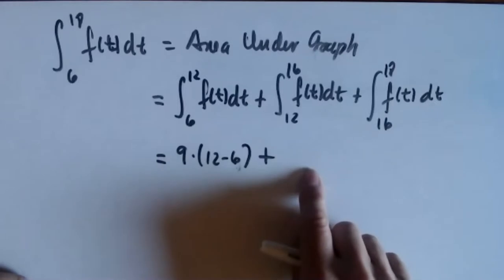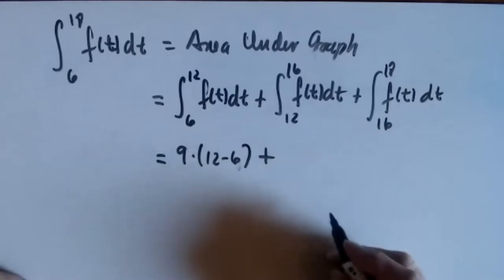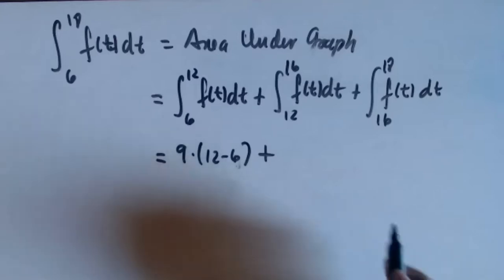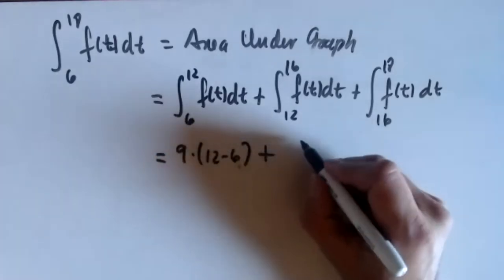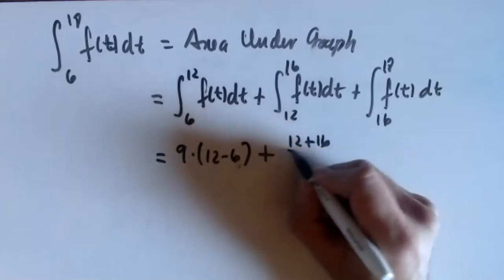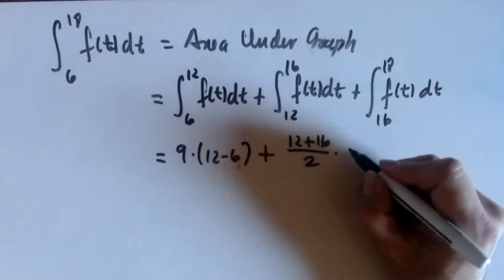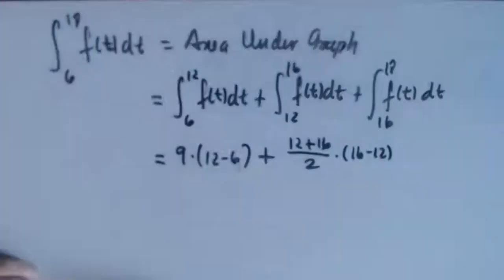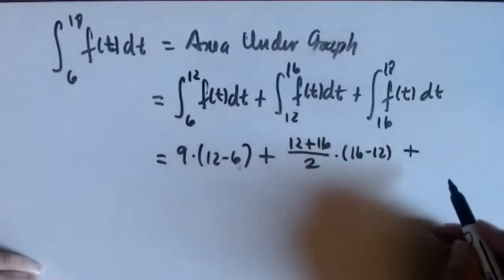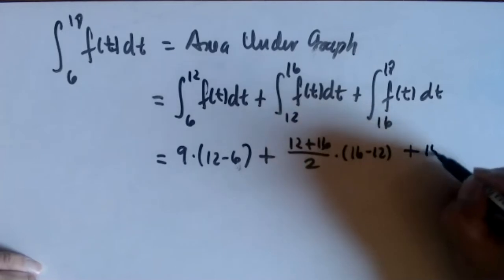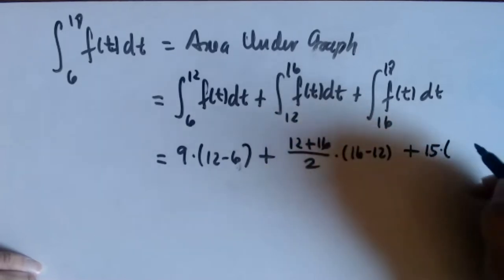Plus, now the next one is, okay, it's a trapezoid, so you have 16, so it's, let me see, bases 12 plus 16 divided by 2 times 16 minus 12, that's the base, plus another rectangle, so it's 15 times 18 minus 16.